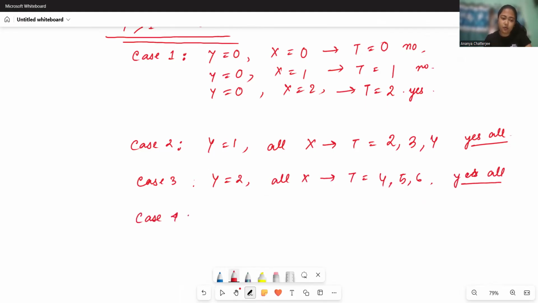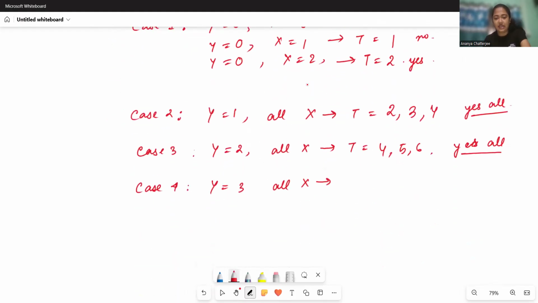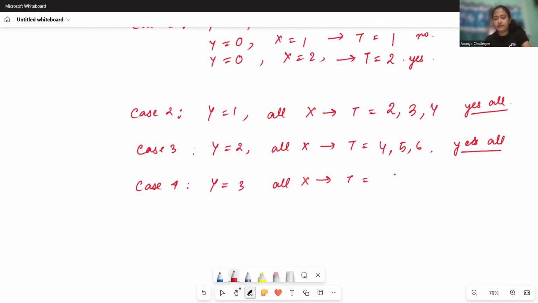Similarly, in case 4, if y is equal to 3, for all x, the values of t were 6, 7 and 8. That is 6, 7, 8. Again, yes for all. That is, all are greater than 1.